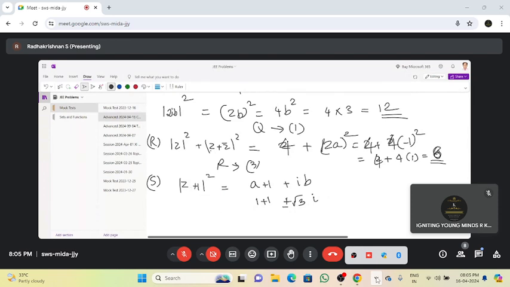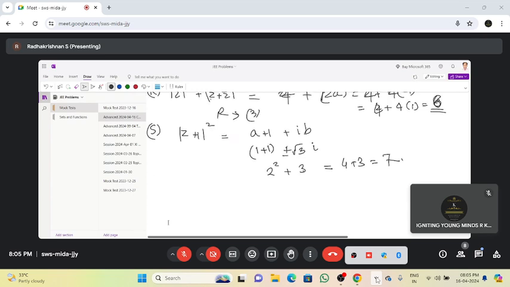So Z plus 1 mod square is the real part 2 square plus root 3 square. Root 3 square is simply 3. So that means 4 plus 3, 7. Okay. So this matches your option number 5. So this is what you choose.